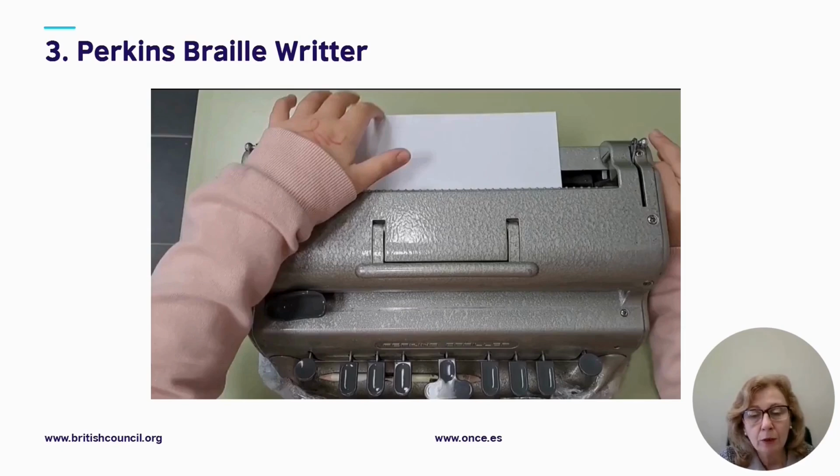So if you have a student in face-to-face classes that uses a Perkins Braille Writer, you will have to get used to that noise, and also the rest of the students. It only writes in Braille, so the learner has to read out loud what is written if you need to correct or see what he or she has written.